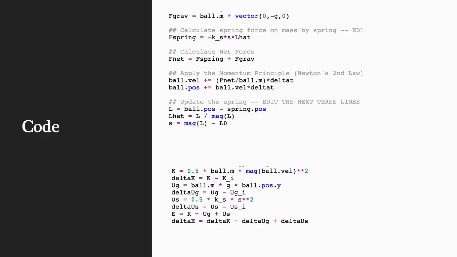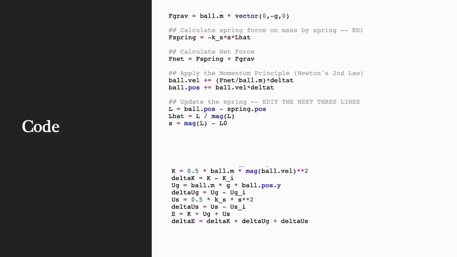And then the momentum principle and kinematics equations are used to update the velocity and position of the ball. And the spring is updated by using L equals ball position minus the spring position, and L hat is equal to L divided by mag L, and s equals magnitude of L minus L0.